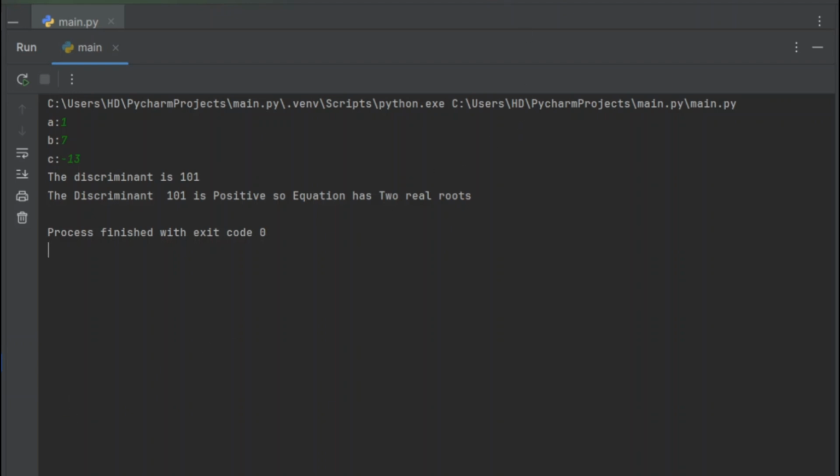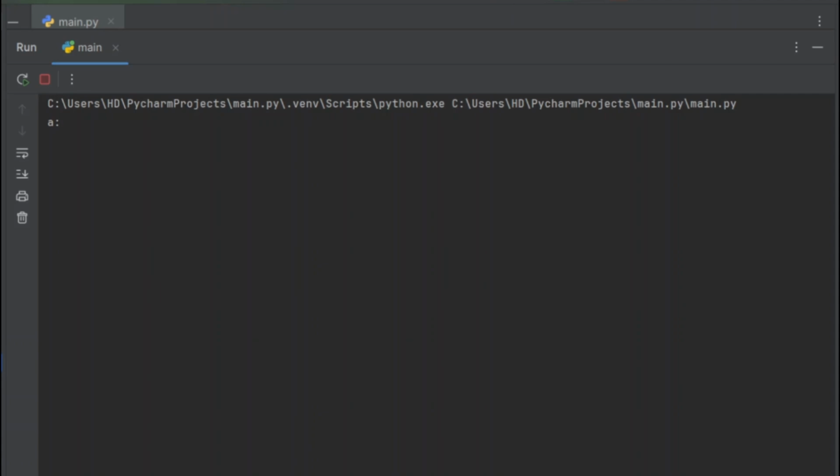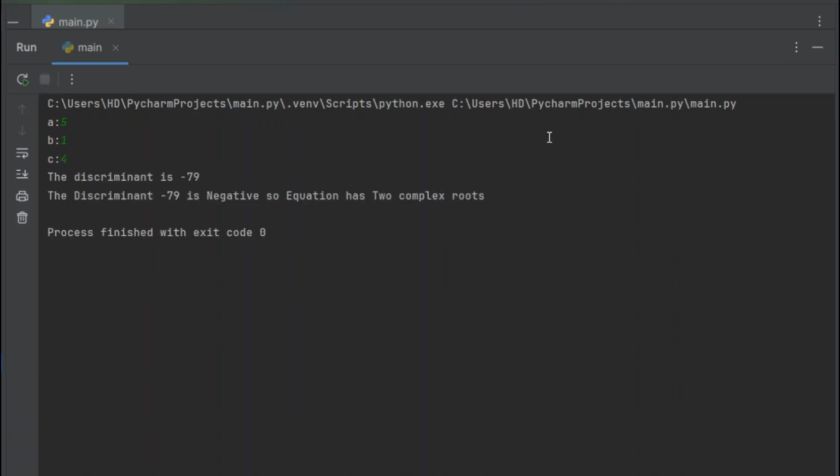For the second equation, that was 5n square plus n plus 4, a is 5, b was 1, and c was plus 4, so we got minus 79, which was negative, so the equation has two complex roots.